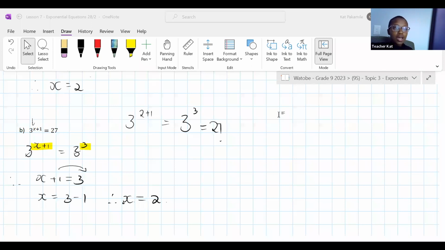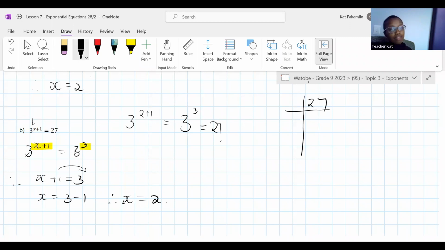3 cubed is the same as 27. So we have to put 27 as a product of its prime bases. Do you remember when you did that in grade 8? So you have 27, right? Divide it into products of its prime bases. So what are prime numbers? 2, 3, 5, 7. We can't use 2 because you can't divide 27 by 2, right? So we have to use 3. So 27 divided by 3 is how much?